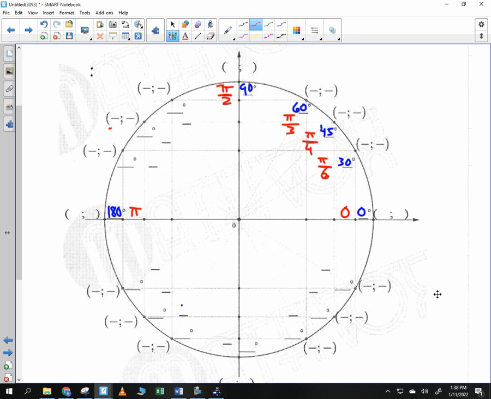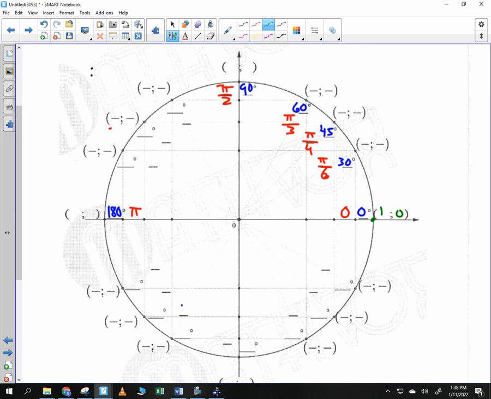So, here's what we're trying to do today. Here's the big idea. We want to find the coordinate where the angle intersects the circle. What is this coordinate right there? 1, 0. Over 1, up 0.